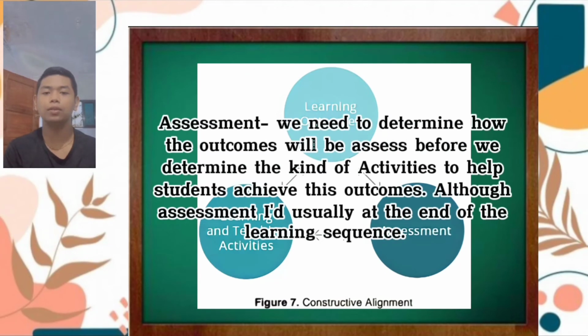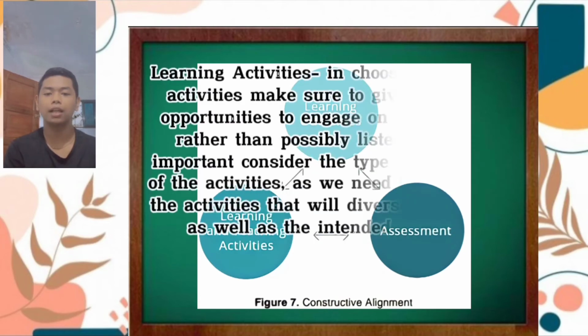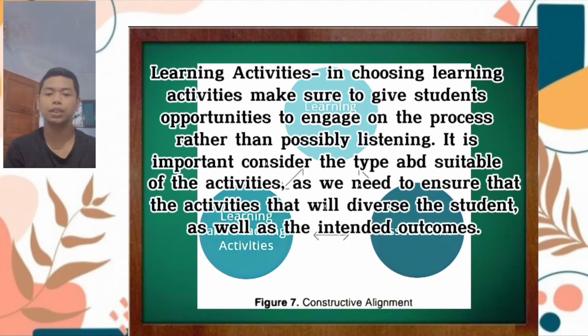Assessment: we need to determine how the outcomes will be assessed before we determine the kind of activities to help students achieve these outcomes, although assessments are usually at the end of the learning sequence. Learning activities: in choosing learning activities, make sure to give students opportunities to engage in the process rather than passively listening.